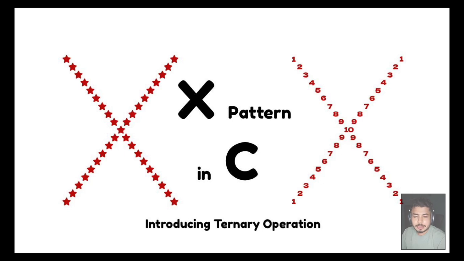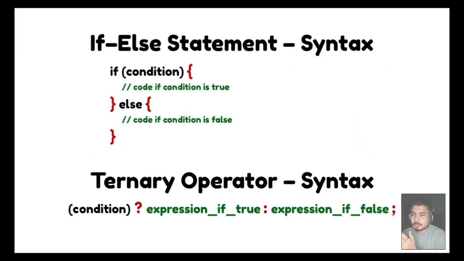The ternary operation is the same as the if-else statement. When you write an if-else statement, you write if and the condition, then open a brace and write the code.